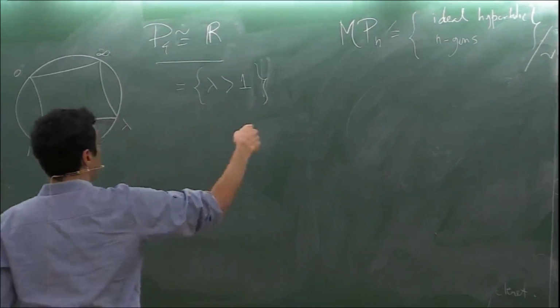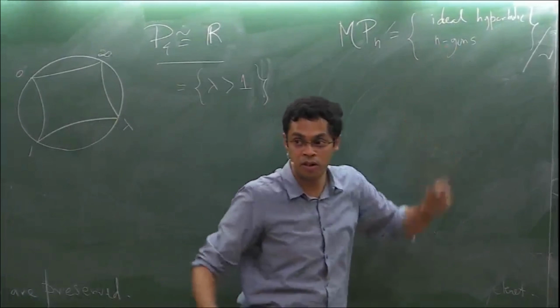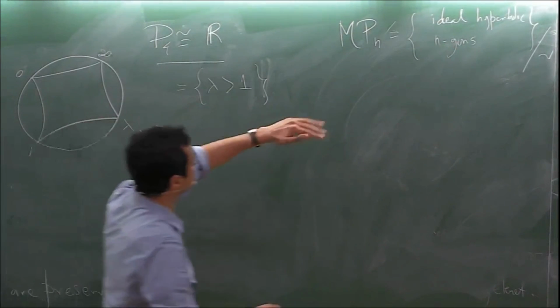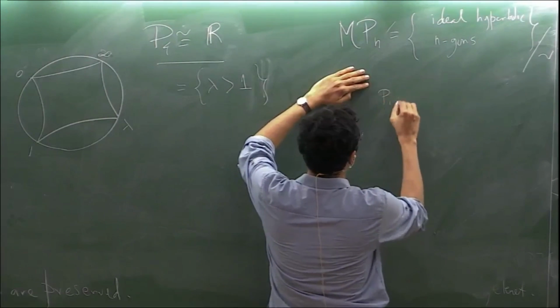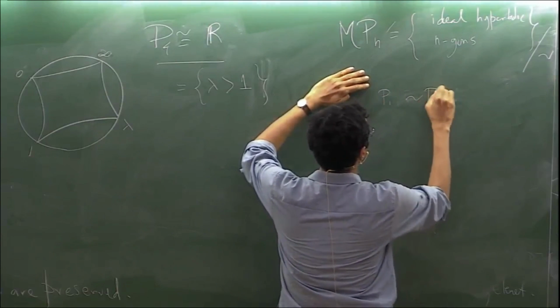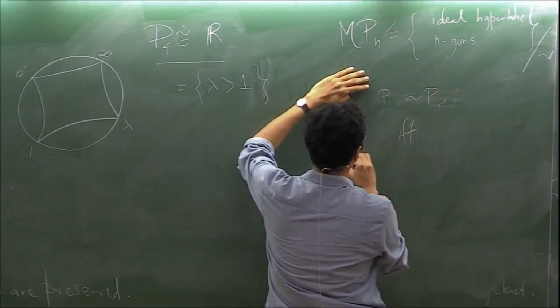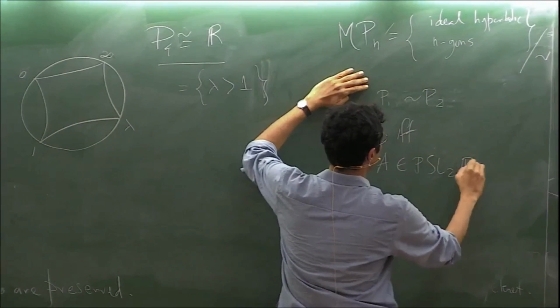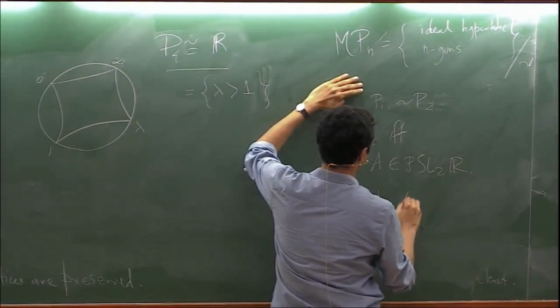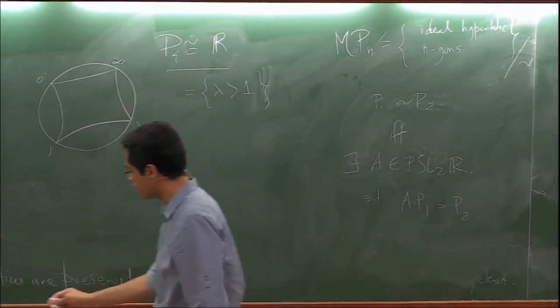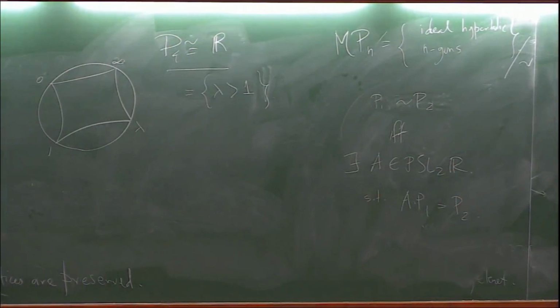Here I'm not talking about any labels. Before, you knew which was the first one and which was the second one. Here the equivalence is that P1 is related to P2 if and only if there is some isometry, something in PSL2R, such that A of P1 equals P2. You don't require anything about labeling being preserved.